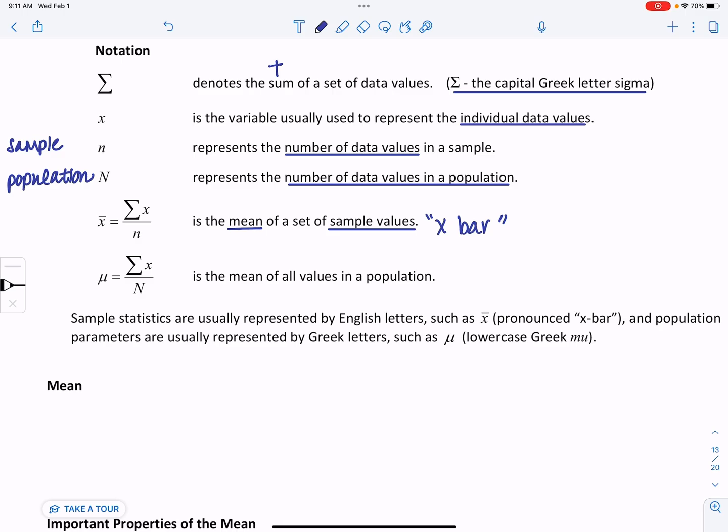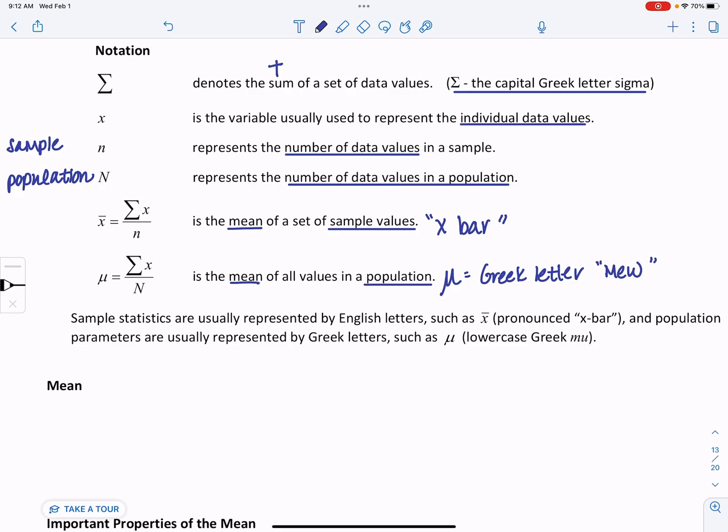We have to keep that completely separate from the lowercase Greek letter mu, kind of like the sound a cat makes. Mu is the mean for the population.